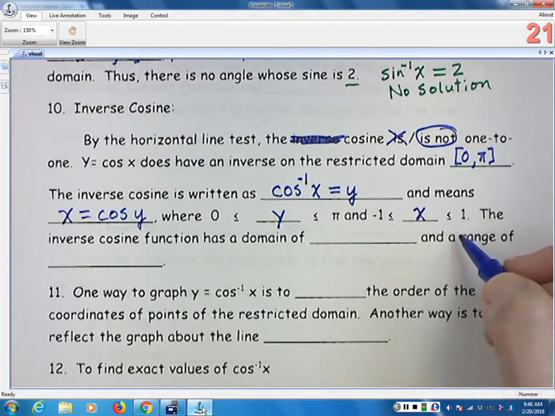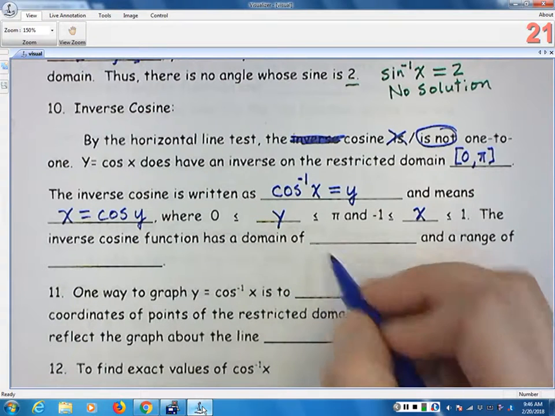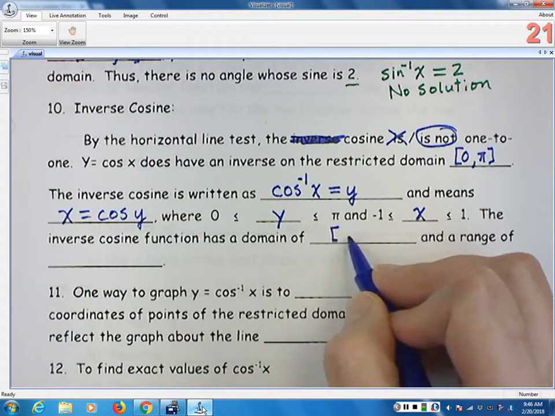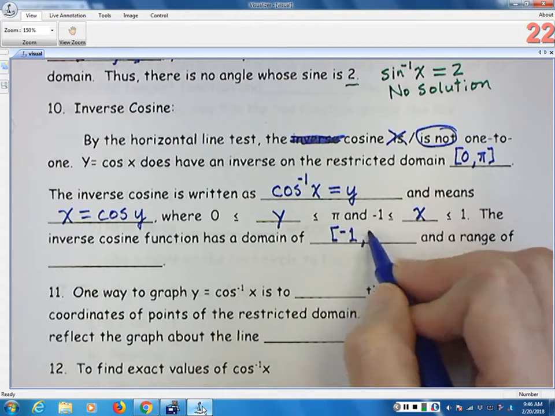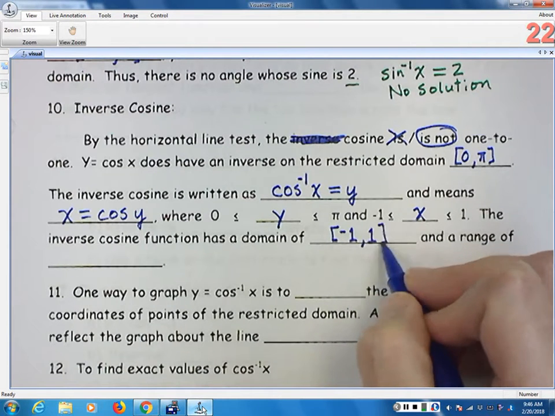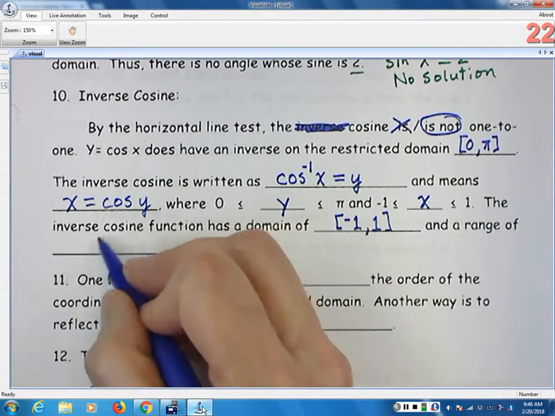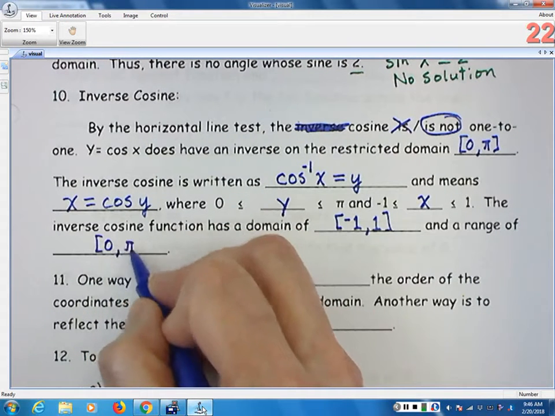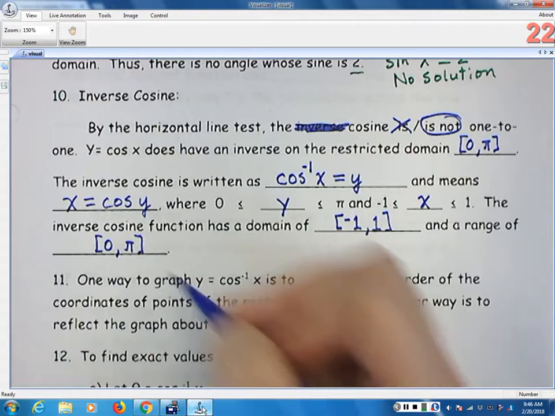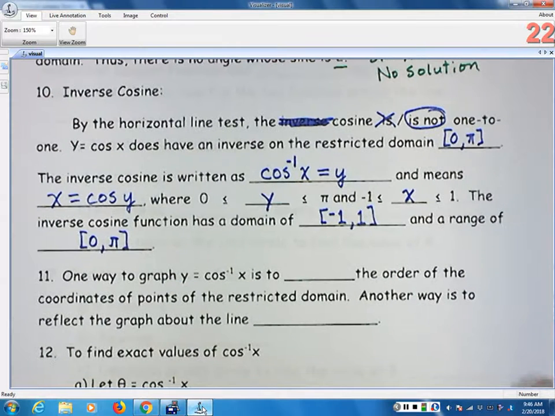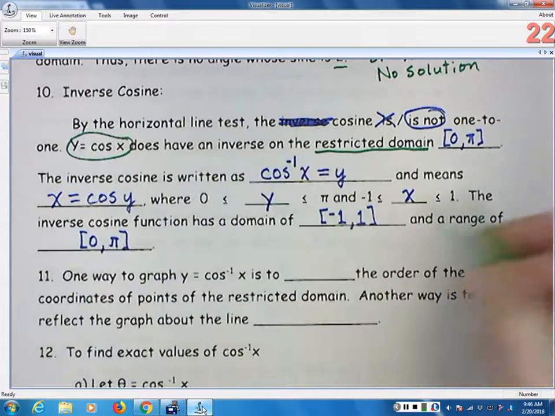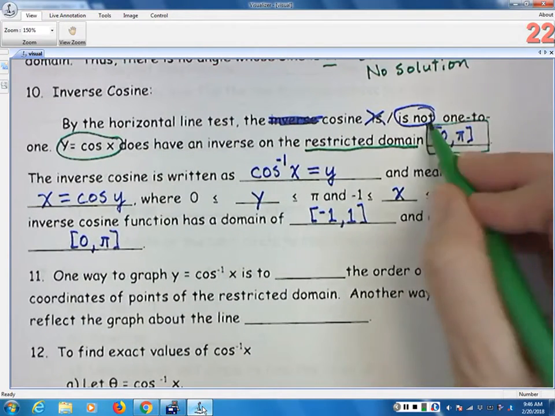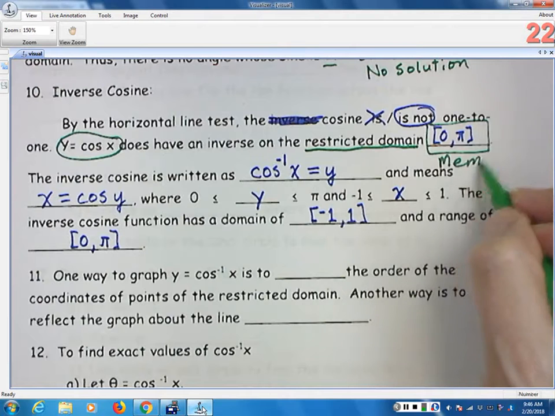The inverse cosine function has a domain of -1 to 1 and a range of 0 to pi. And again, you have to memorize the restricted domain of cosine. Memorize that.